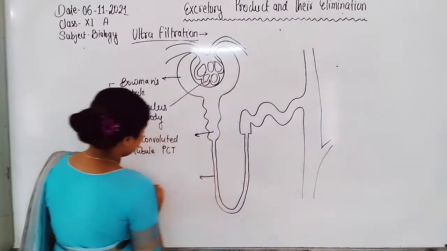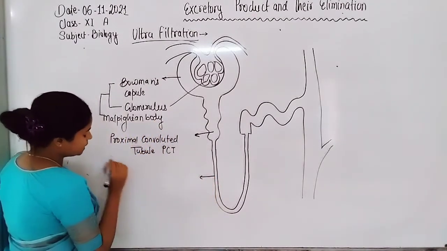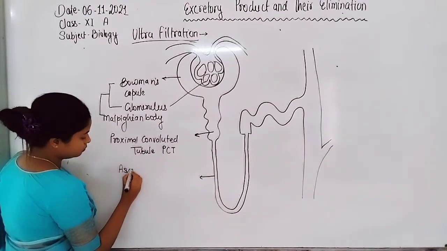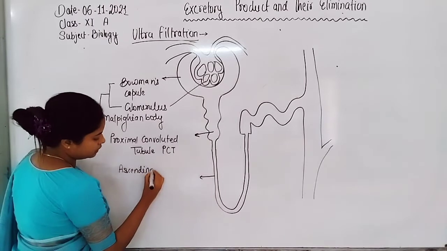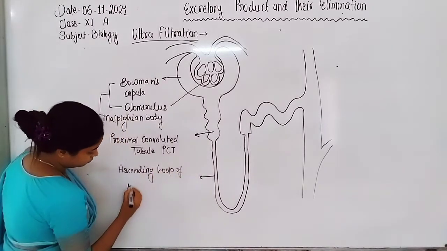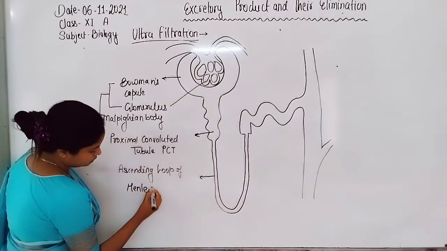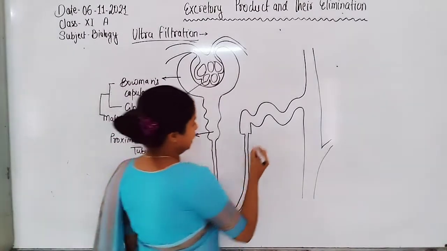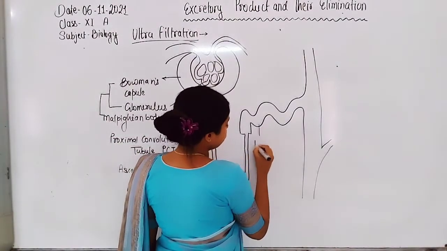Now here is the loop of Henle, with the ascending part of the loop of Henle, and this part is the descending loop of Henle.